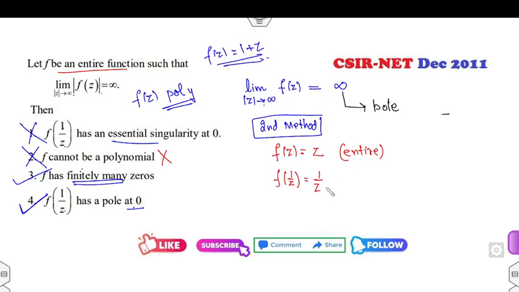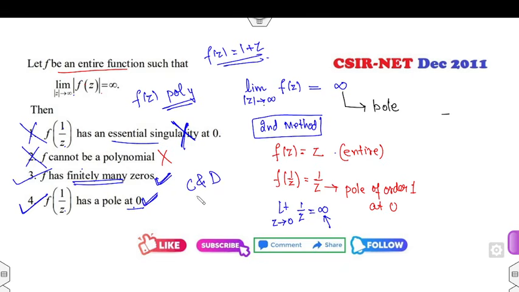Clearly this is a pole of order 1 at 0. Why pole? If you calculate the limit as z approaches 0 of 1 over z, it's infinity. So infinity means pole. This option is correct and this option is canceled. Once it is a polynomial, definitely it has infinitely many zeros. So C and D are the correct answers.